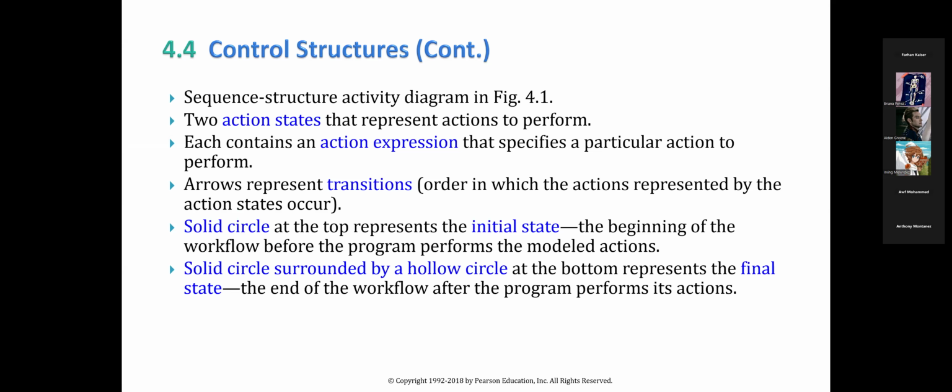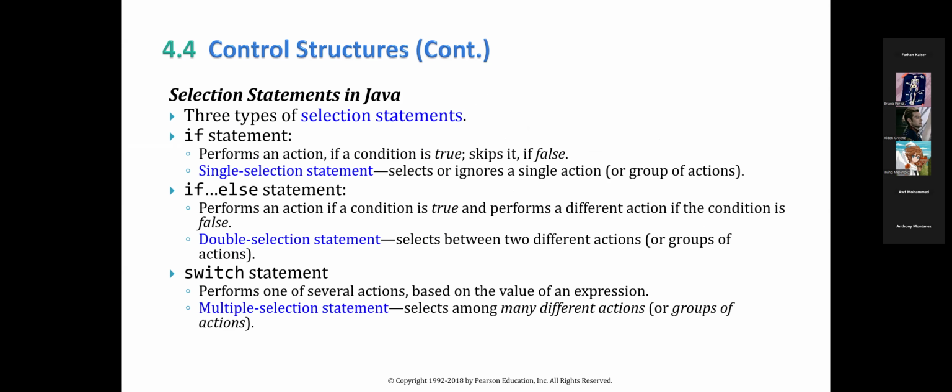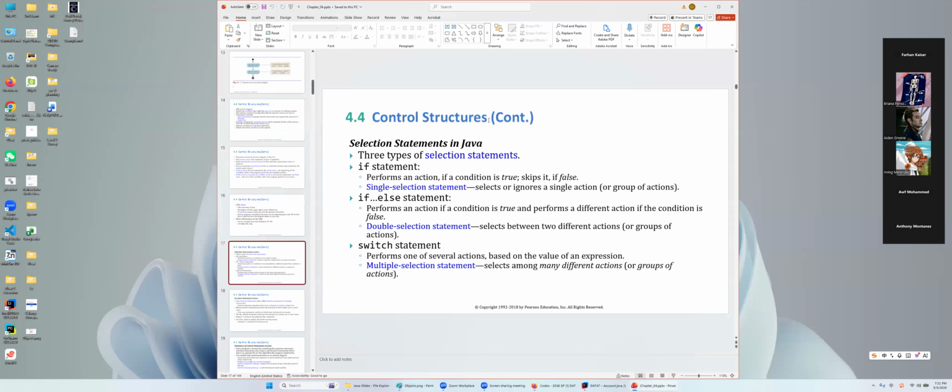Okay, we have just mentioned that. Then we are going to talk about selection statements in Java. We have already used a selection statement, that is the if statement. Like, to distinguish whether a number is odd or even, we use the percentage symbol, which stands for the mod operation.